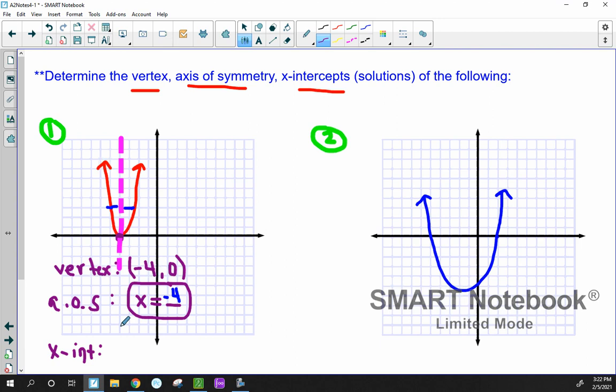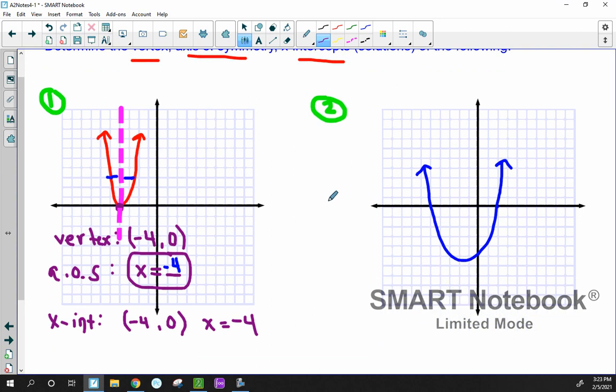Well, if I don't have the equation to solve using factoring or formula or whatever method, and I have a graph, all I have to do is find the x-intercept. That location is (-4, 0), so that would be the answer, -4. You can write it like this if you want an ordered pair, or you can just say x equals -4. It's a solution.